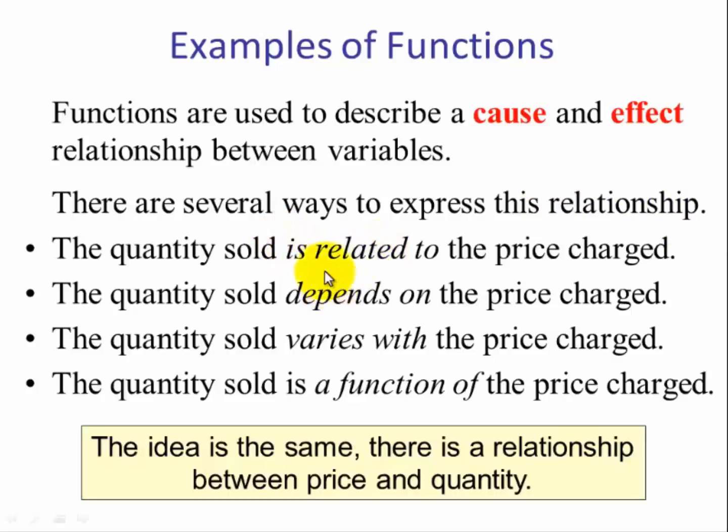So when we see these words, is related to, depends upon, varies with, is a function of, this is all indicating that there is a relationship between these two variables that is a function. Price charged would be the input, quantity sold would be the output. So when you see a statement that says a variable is a function of another variable, whatever is expressed last, that is your independent variable.